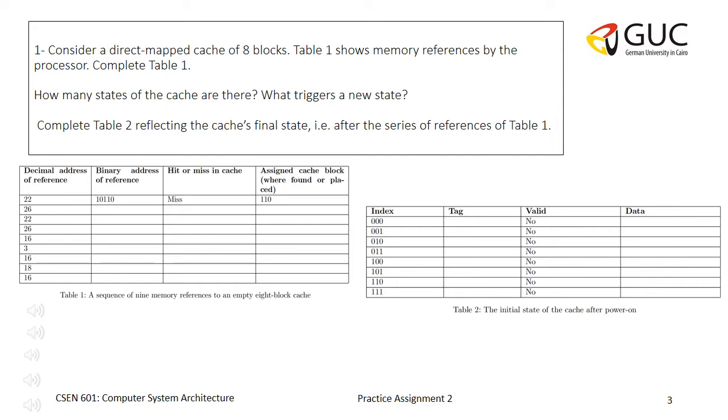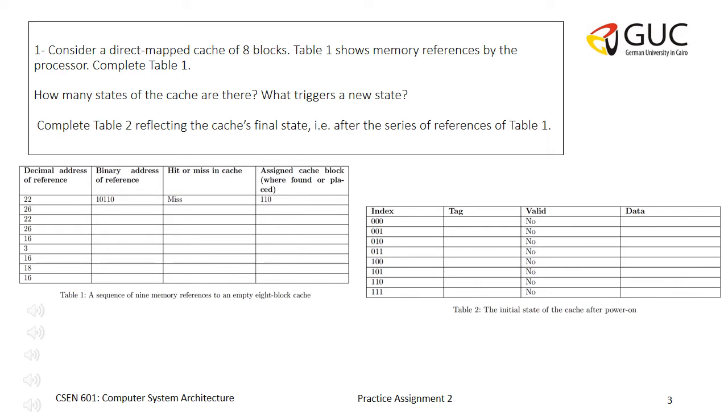The data field is the data stored in the address. When I want a certain data from the memory, the cache gets it and puts it in that data field, and that's why we have here the data in the cache.